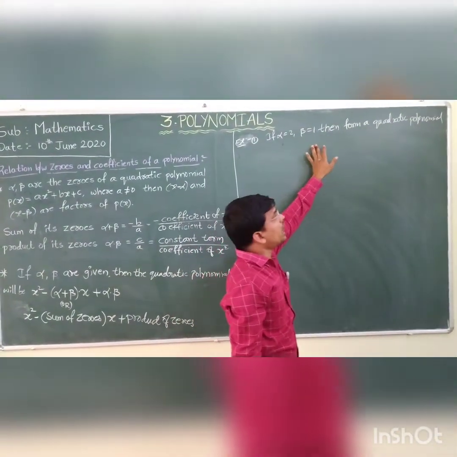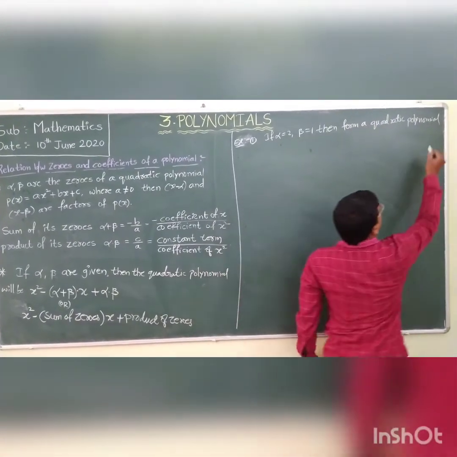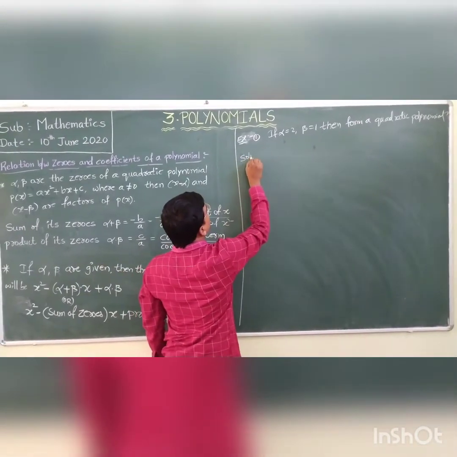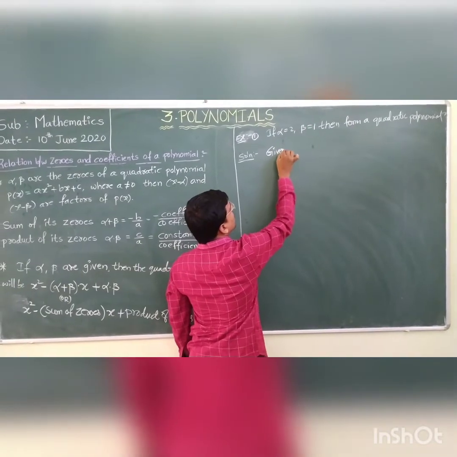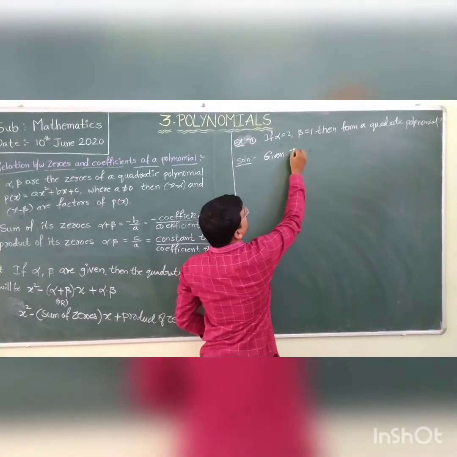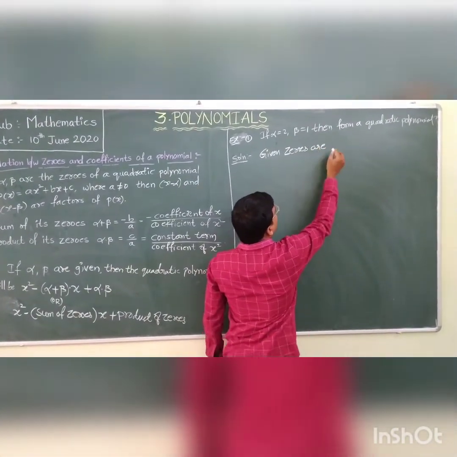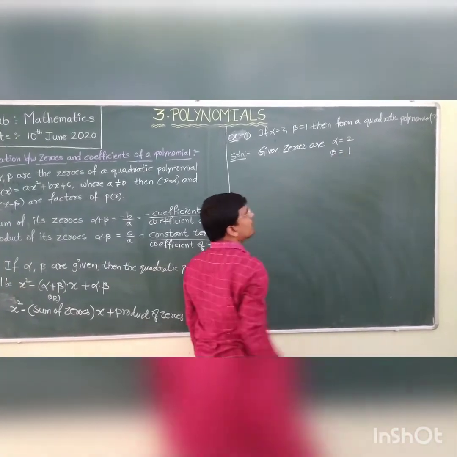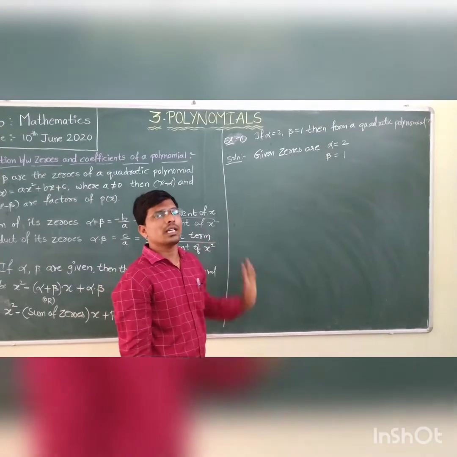They're asking us to write a quadratic polynomial. Okay, so this is the question. Next, solution. Given zeros are, what has he given? Zeros. So given zeros are alpha is equal to 2, beta is equal to 1. Based on these two zeros, we have to form a quadratic polynomial.